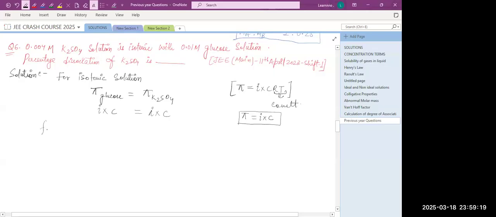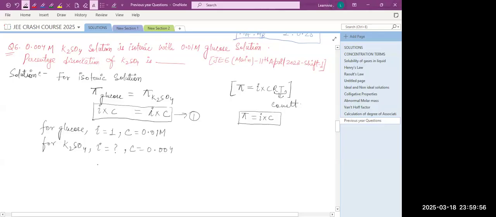Now see what is given here for glucose. The i factor is 1, which is given in the question, and concentration is 0.01 molar. For K2SO4, i is not given, and concentration is 0.004. Now substitute these values for glucose and for K2SO4 in equation 1.